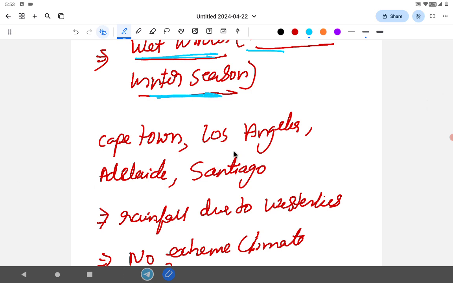They'll give Los Angeles in California, Santiago, the capital of Chile, Adelaide in Australia, and Cape Town in South Africa. People who watch cricket will know it. Which of the following has a Mediterranean climate? All of them have a Mediterranean climate. Remember, South Africa, Chile, the Californian side of the USA, the Mediterranean basin and Australia have the Mediterranean climate.